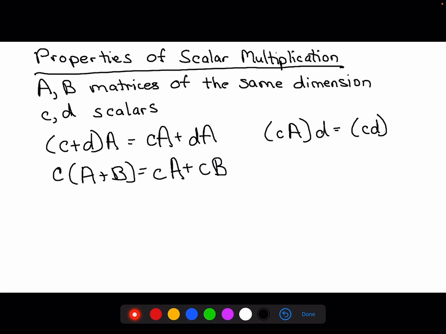Do the two scalars together, then times the matrix A. Or if you have the two scalars times matrix A, again, you can move things around a little bit and do scalar times the result after doing the other scalar times A. So that's an associative property type situation. So there you go. I'm not going to go into any more detail than that.